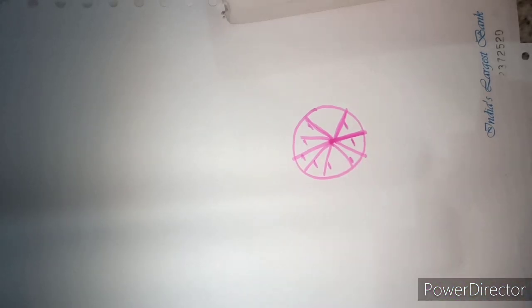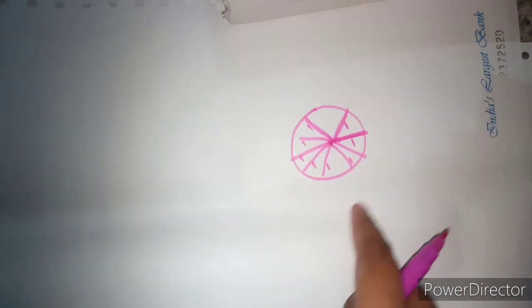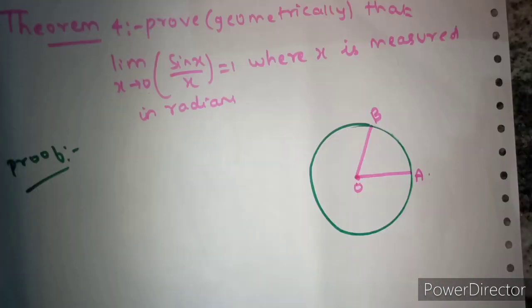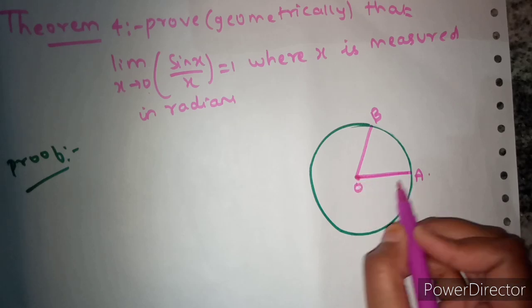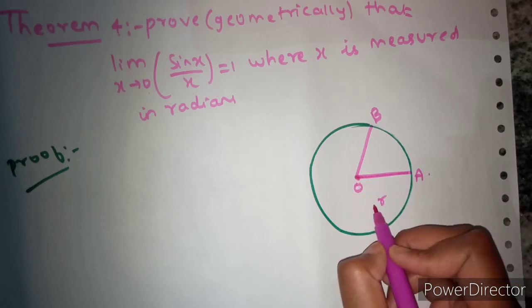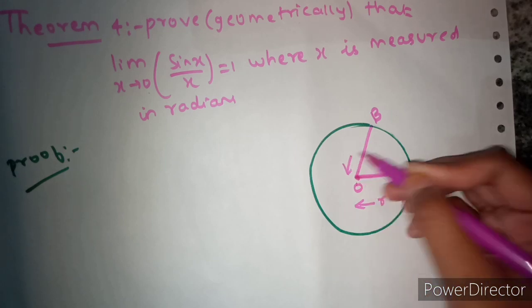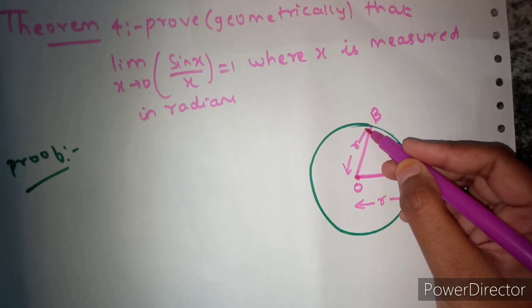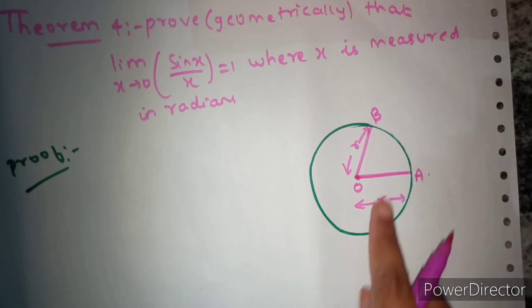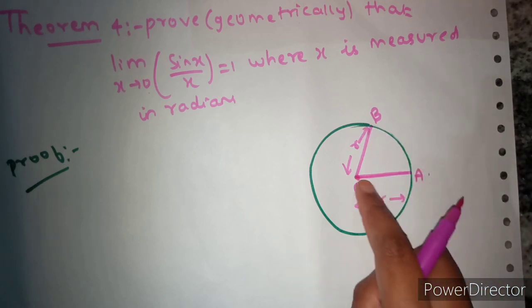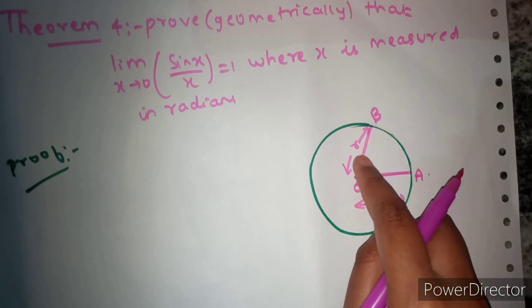So I am taking the radius generally as r. The length of OA is r and the length of OB is also r.